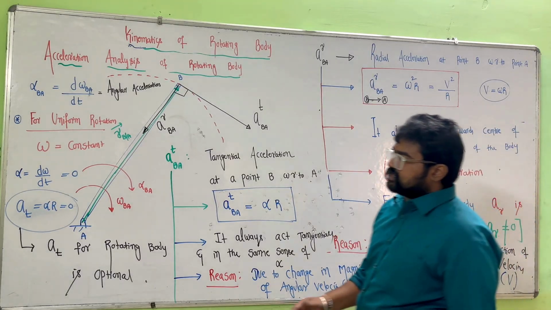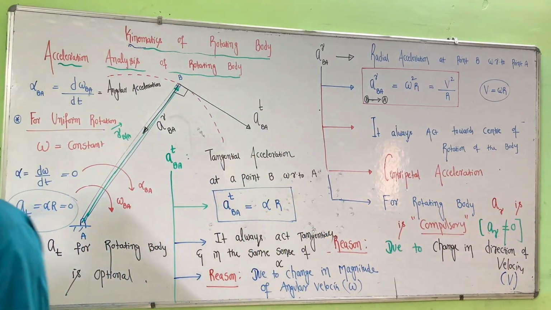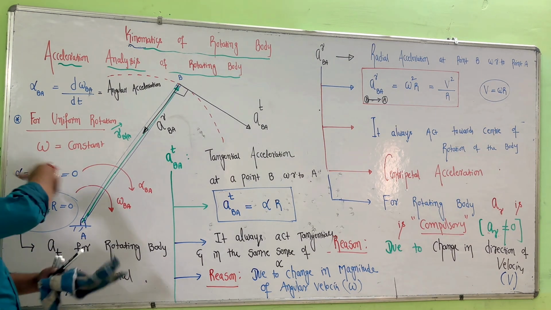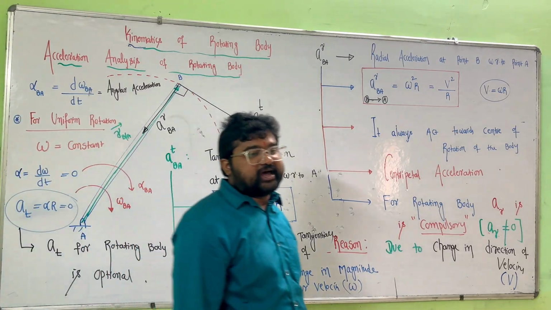In case of uniform rotation, angular velocity is constant, angular acceleration is 0, tangential acceleration is 0, even though the body is in rotary motion.